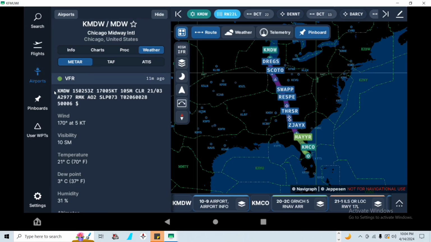Some extra things that you don't see on this METAR, but you could see on other METARs. Let's say you saw RA. RA simply stands for rain. If you see a B, that stands for begin, and if you saw E, that stands for end. So let's say you saw something like RAB09E27.